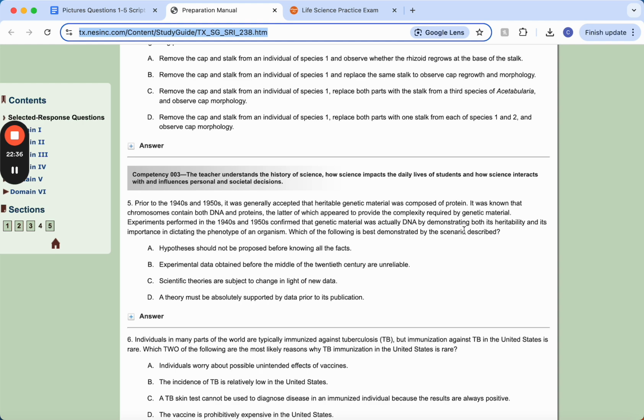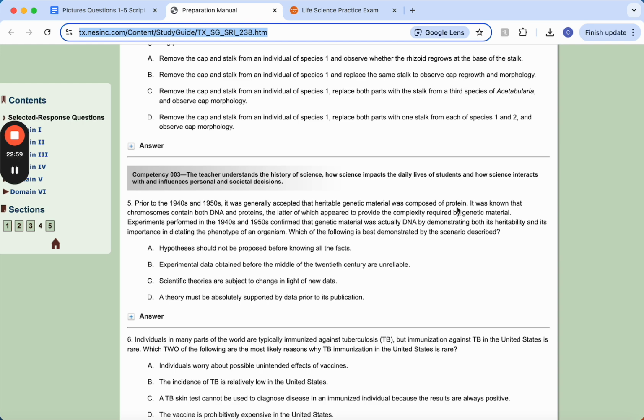Experiments performed in the 1940s and 50s confirmed that genetic material was actually DNA by demonstrating both its hereditability and its importance in dictating the phenotype of an organism. Which of the following is best demonstrated by the scenario described?